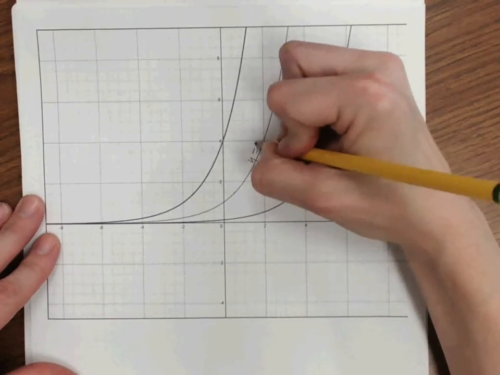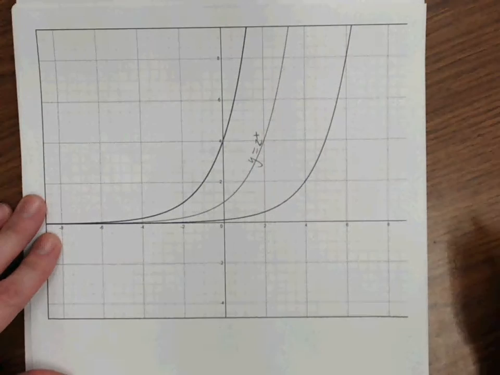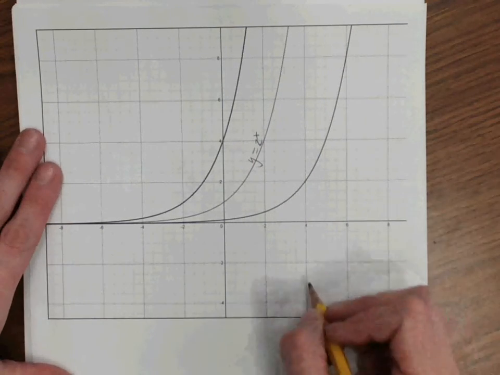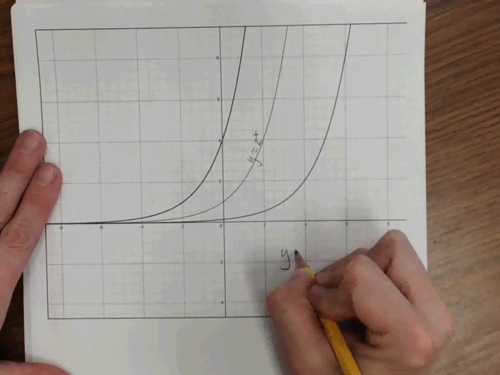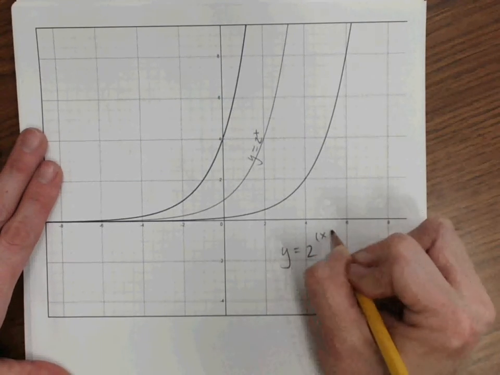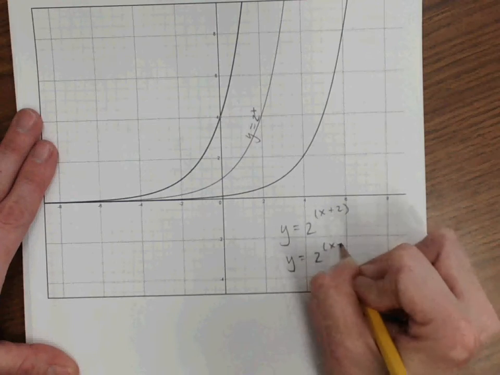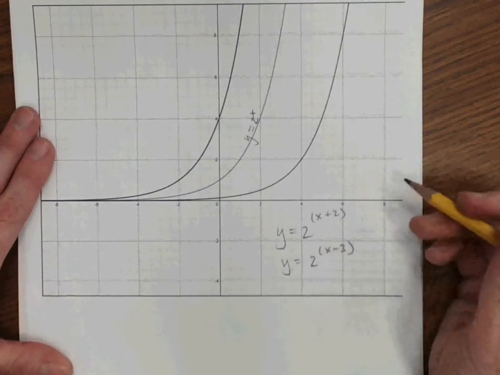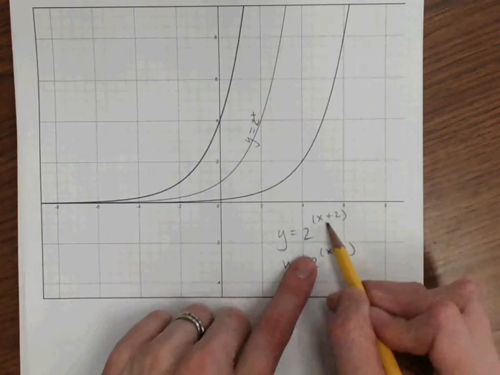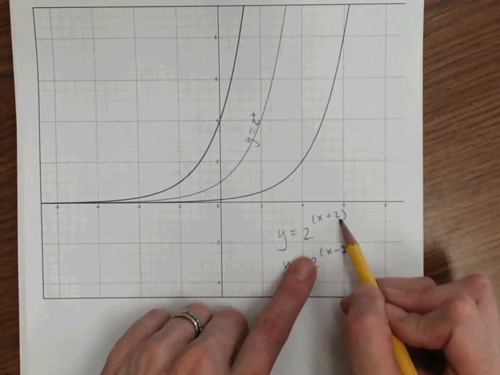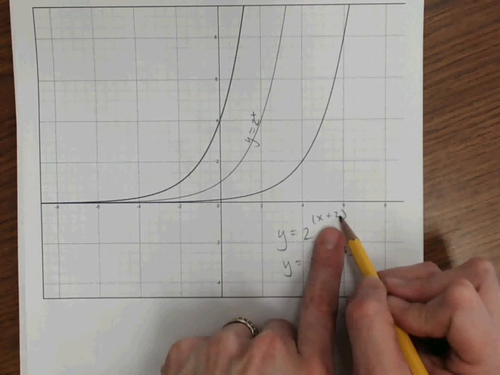This is y equals 2 to the x for the same reasons. And then I've also graphed two other ones. I've got y equals 2 to the x plus 2, and then I've got y equals 2 to the x minus 3. Now, when I'm looking at graphing form, it's inside, where my x would normally be by itself. So that means it's going to go the opposite direction.